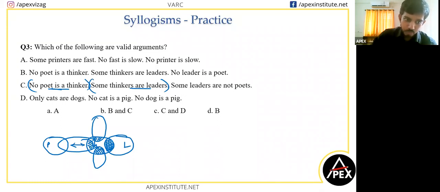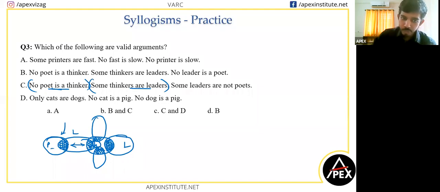But in this one, there were some poets also who were leaders, which is okay. It's allowed in case this is leaders. But poets and thinkers cannot overlap. So this circle for poets will never overlap with these dark blue areas, who are leaders who are also thinkers.